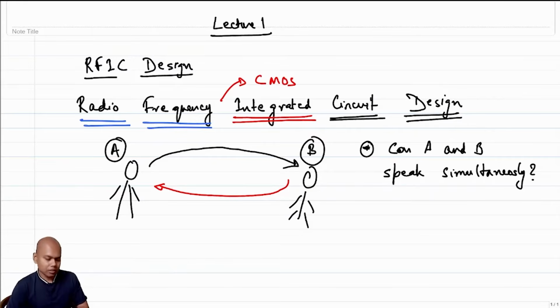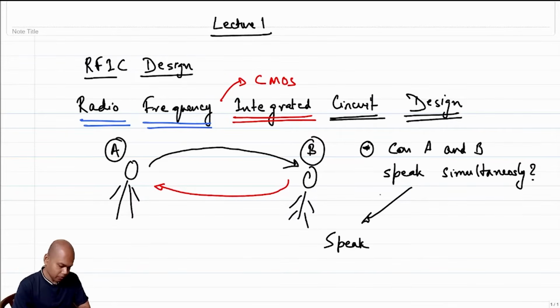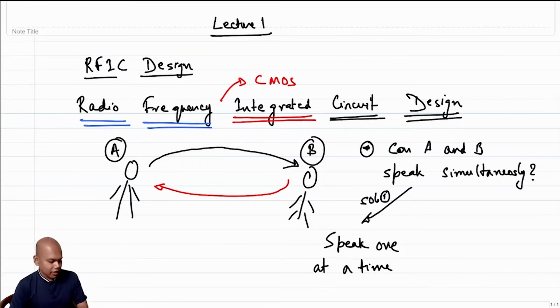So what is the solution? What is the easy solution? One solution can be that we speak one at a time. That is, you decide that this is the time slot in which speaker A will be speaking or transmitting, while speaker B will be listening or receiving.